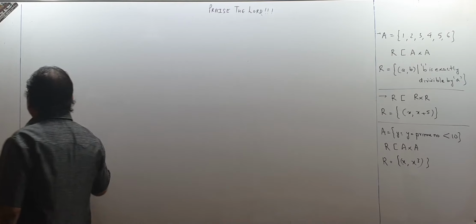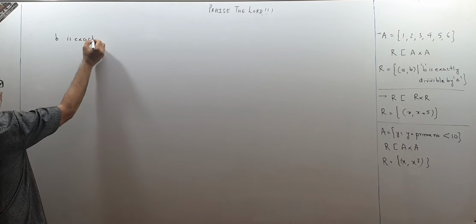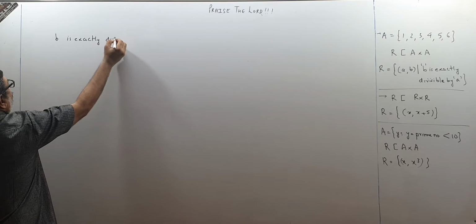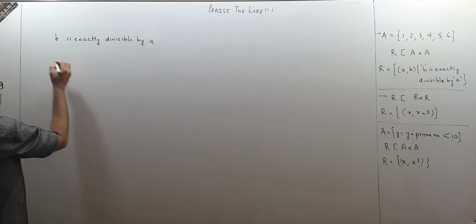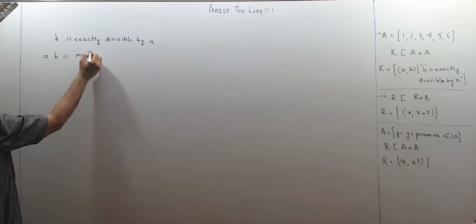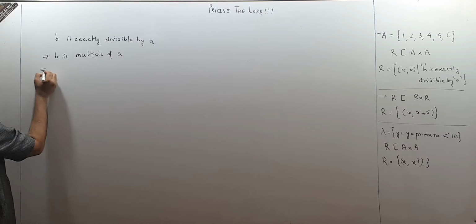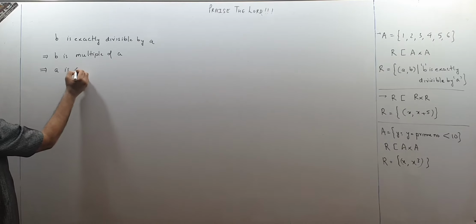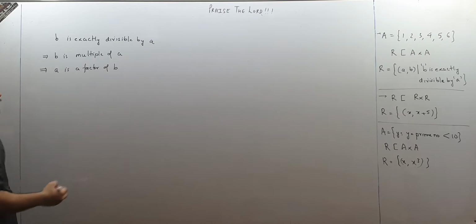Now, children, please understand. B is exactly divisible by A. It means B is a multiple of A. You can think like this, or you can think A is a factor of B. Any one thing you can think.